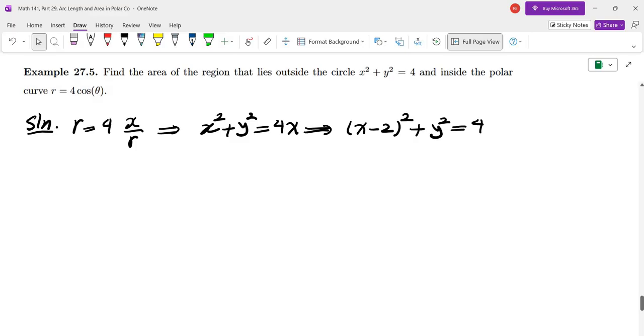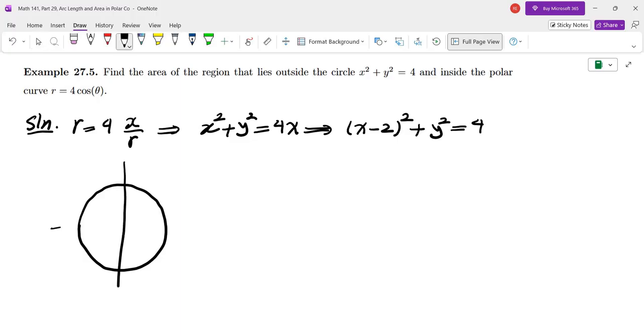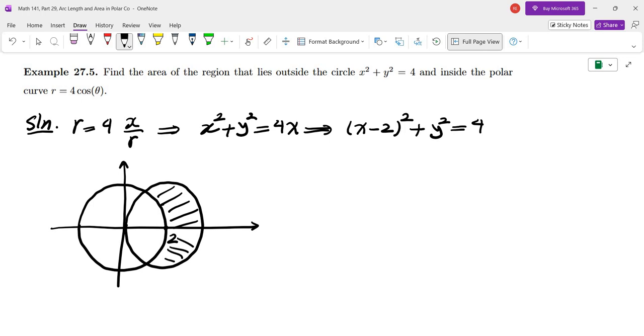So it is outside the circle of radius 2 centered at the origin. So it is this circle centered at the origin with radius 2, and inside the circle of radius 2 centered at 2 comma 0. So it is this region that we are trying to evaluate.